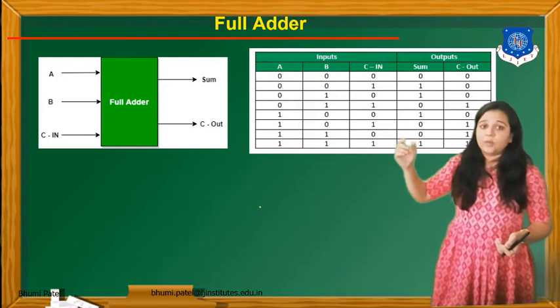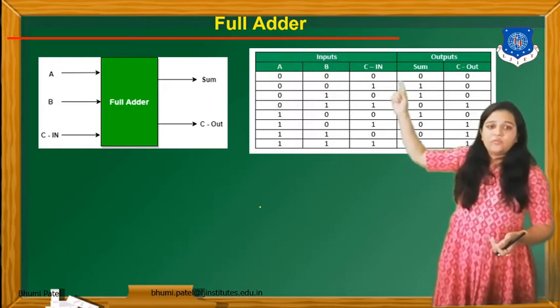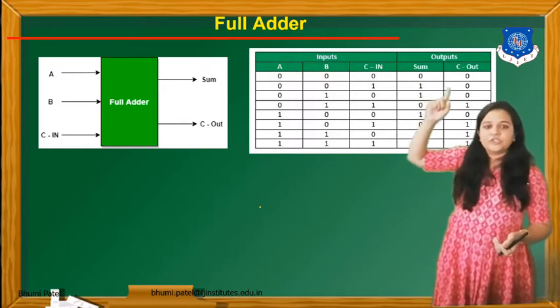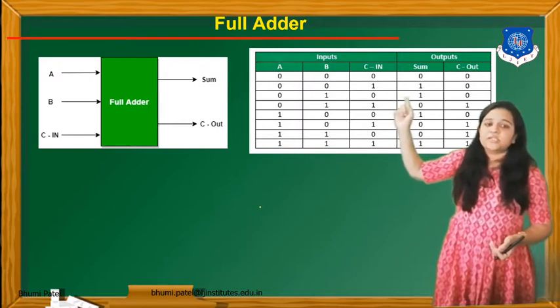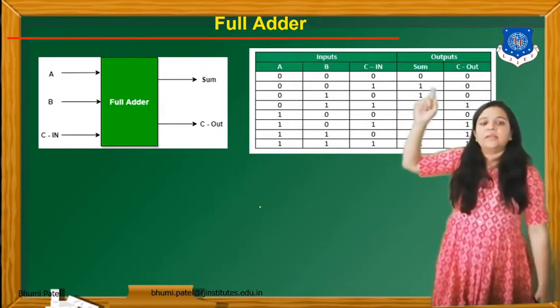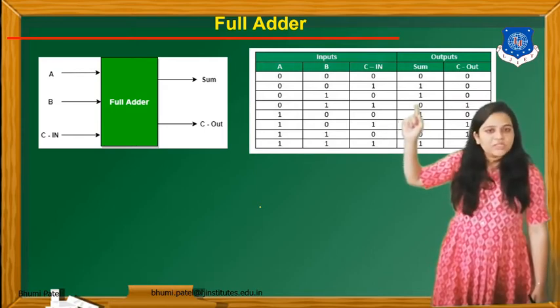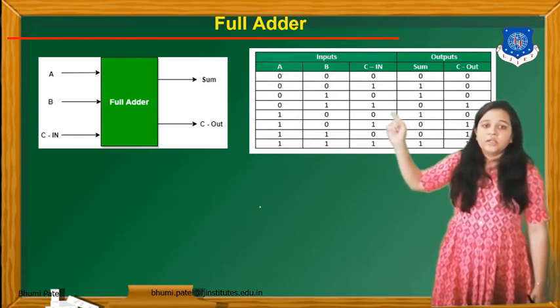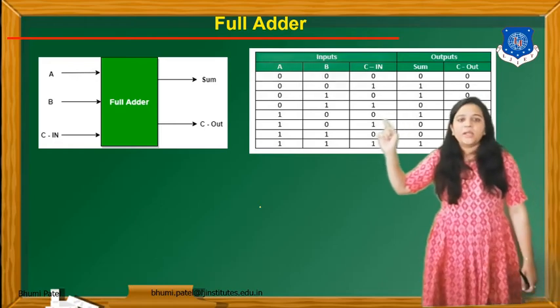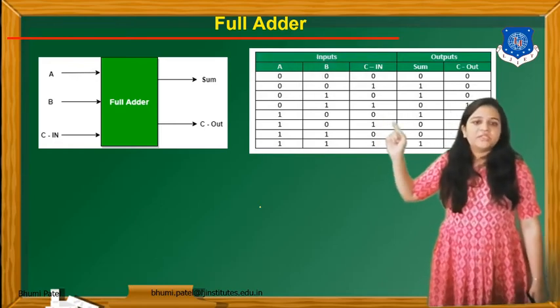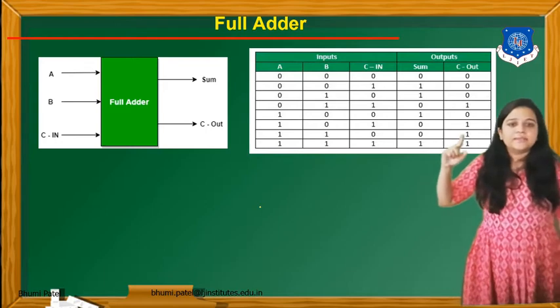Now what is the sum? 0 plus 0 plus 0, we get 0, carry also 0. 0 plus 0 plus 1 is equal to 1, and carry 0. 0 plus 1 plus 0 is equal to sum 1, carry 0. Same thing for 1 plus 0 plus 0, that is 1 and 0.